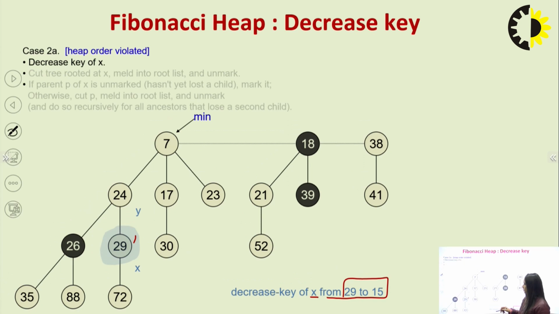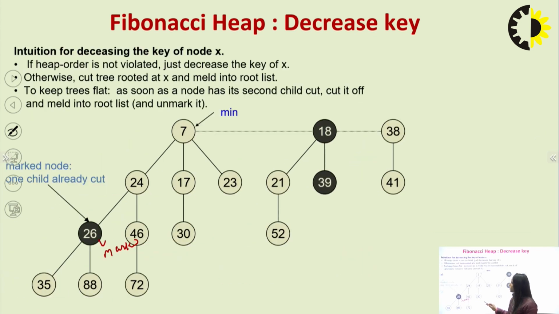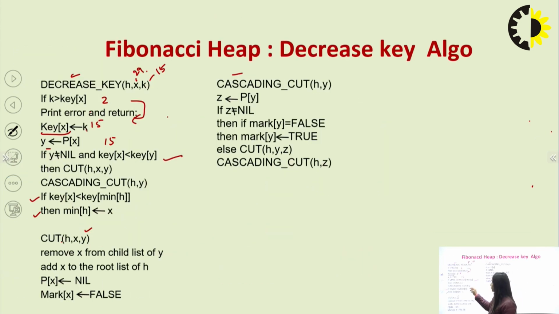I marked its parent as y, right? It is not nil, and of course this one is greater and this is less. Now your condition is satisfied.